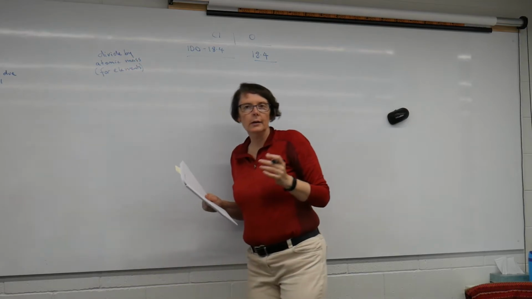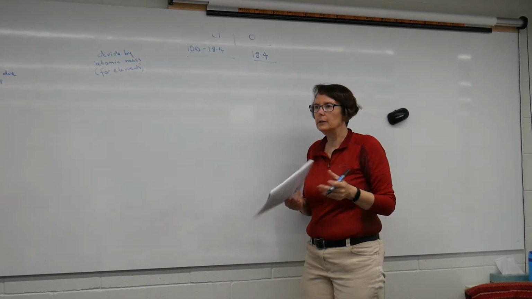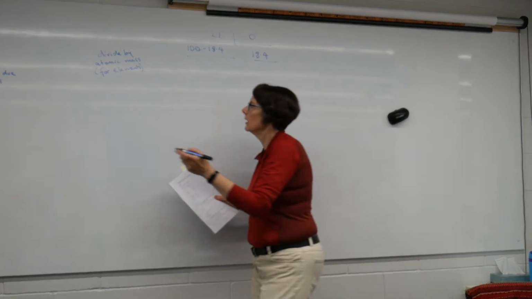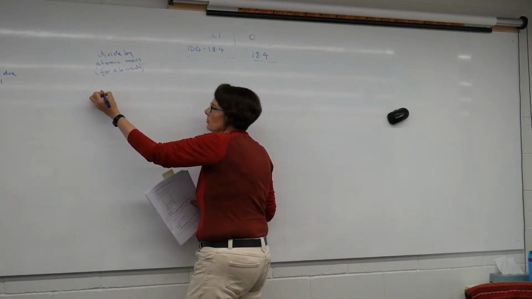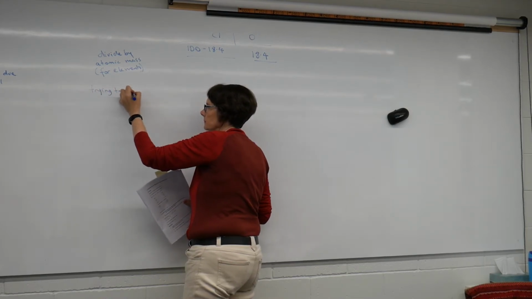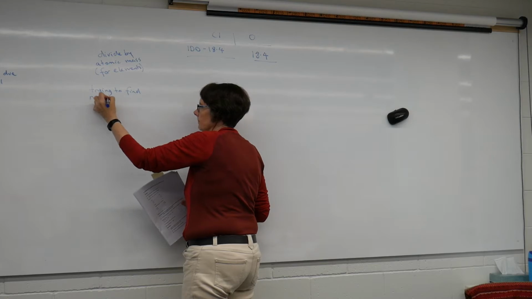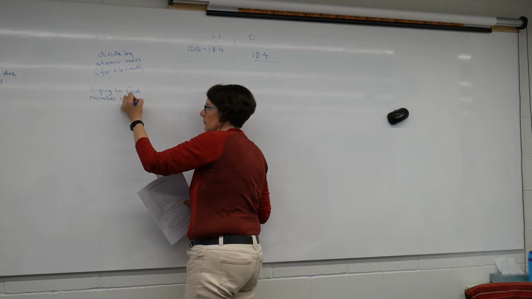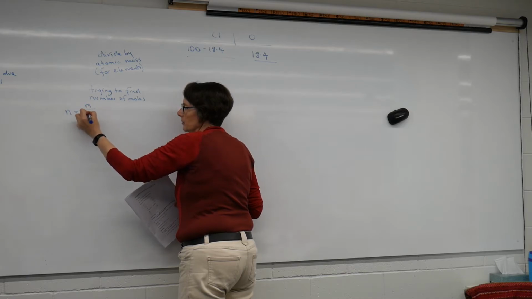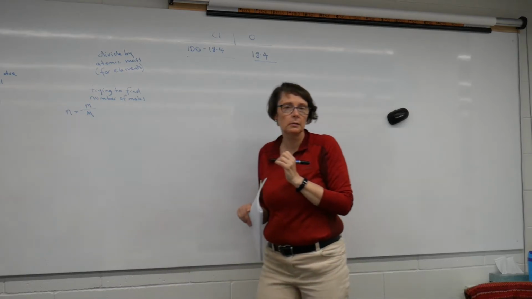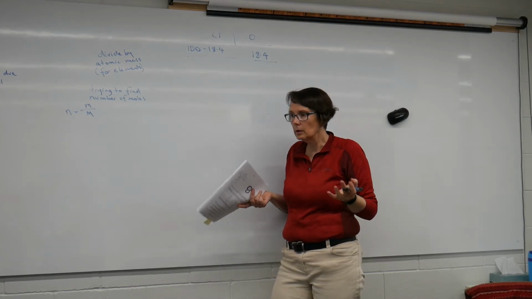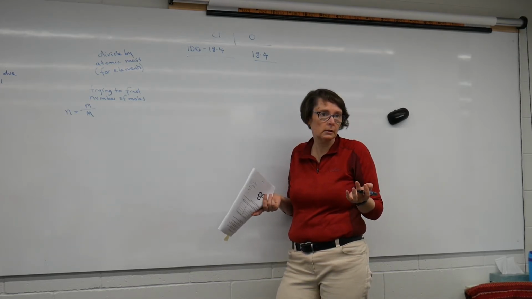And hopefully the reason why you divide by the atomic mass makes sense if you think that what we're trying to find is the number of moles. And we know that n is equal to the sample mass divided by the molar mass. Well, in the case of an element, the molar mass is the atomic mass.